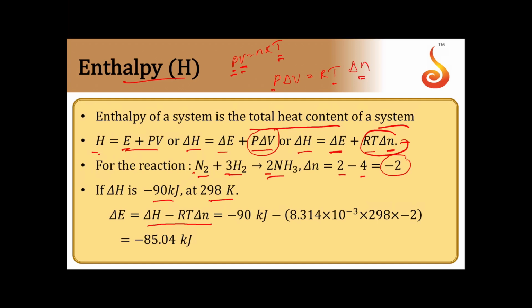Substituting, finally you are going to get minus 85.04 kilojoules. The value of R is taken as 8.314 times 10 to the power of minus 3 kilojoules per mole per Kelvin. So this is how to calculate problems related to delta H and delta E, and delta n stands for the number of moles of gaseous products minus the number of moles of gaseous reactants.